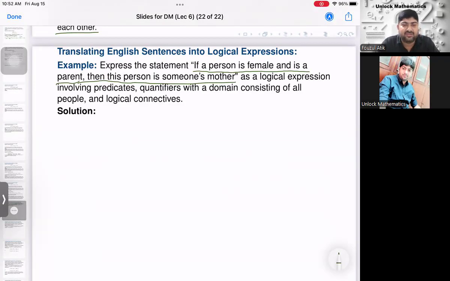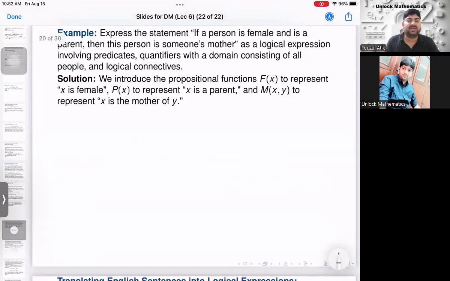So there are three different things that you involve. A person is female, you require that. A person is a parent, that also requires a propositional function, and then you require that this person is someone's mother. So we need three propositional functions. So I have already made them. You represent F(x) as x is a female. Your F(x) is such that x is female.